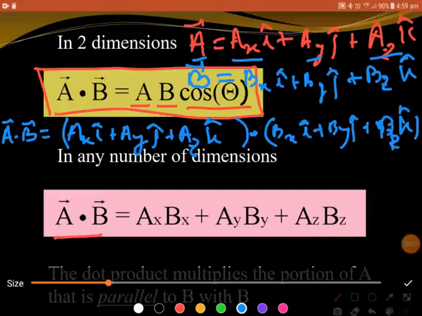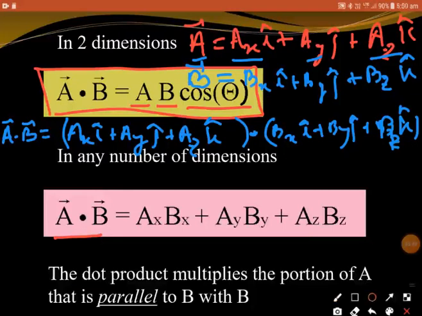Got it? While taking this, we have seen that the dot product of unit vectors is equal to 1 when the dot product is taken with itself. That means i cap and i cap will only survive. This i cap and this i cap will only survive.